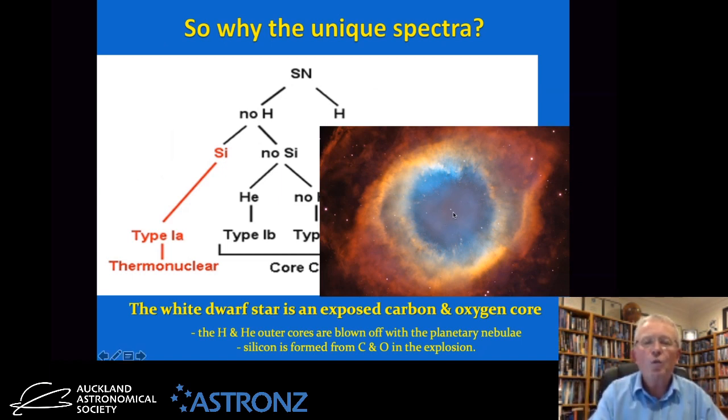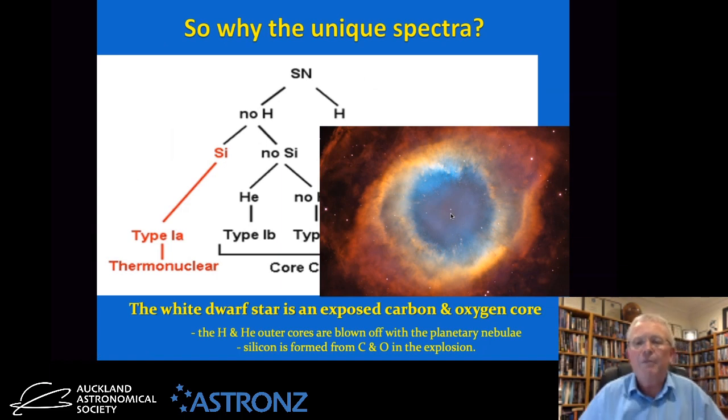And that's what a white dwarf is. It's just an exposed, hot, inert core of carbon and oxygen that was once at the core of that particular star. So there's no hydrogen and helium. When that white dwarf goes bang and explodes, there was no hydrogen and helium. That's all been blown out long ago. So you certainly don't see it in the spectra.